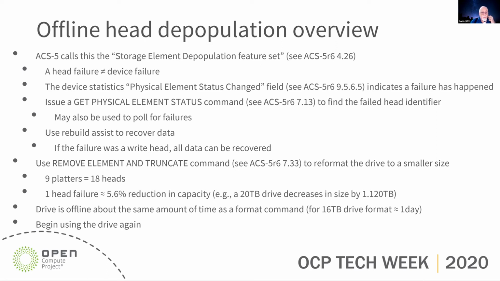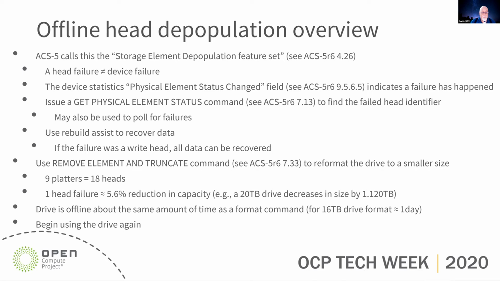The device statistics in a SATA drive has something called physical element status changed, which indicates that a failure has happened. And when you see that change, you can issue a Get Physical Element Status and find what the failed head is.